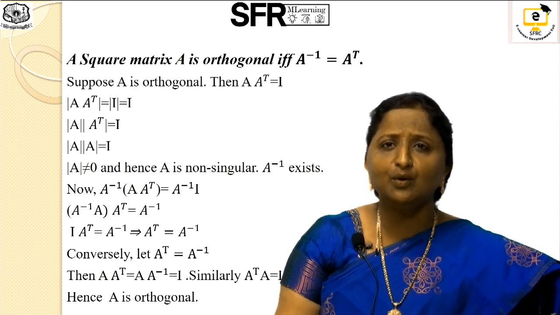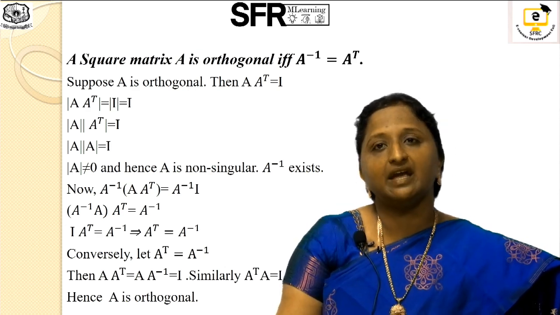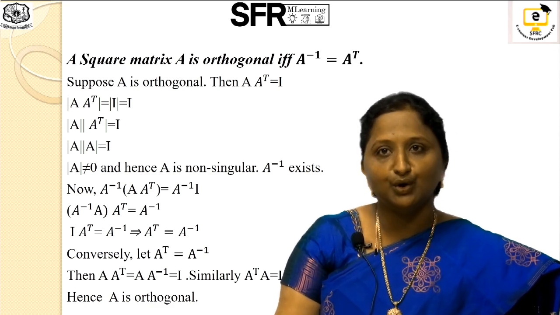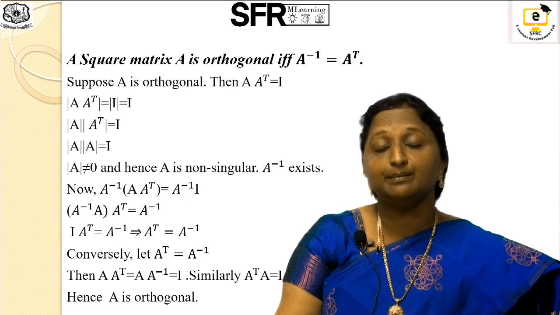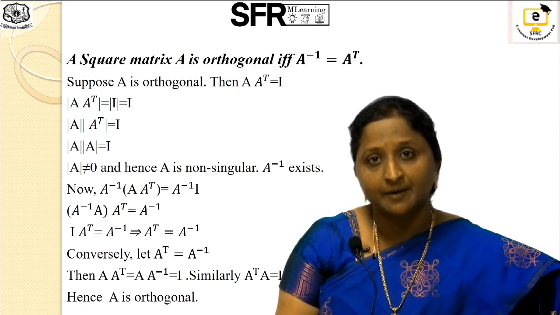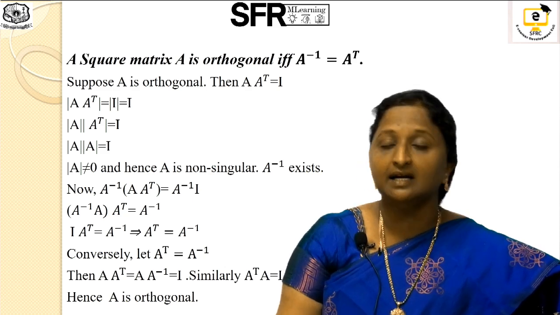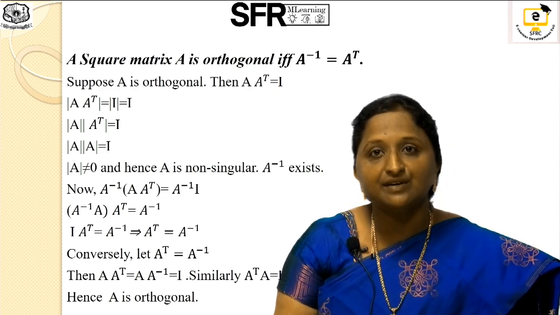So we all know the definition of orthogonal. Suppose A is orthogonal, then A transpose A is equal to I. Taking the determinant first, determinant of A transpose A is equal to determinant of I, the identity matrix.